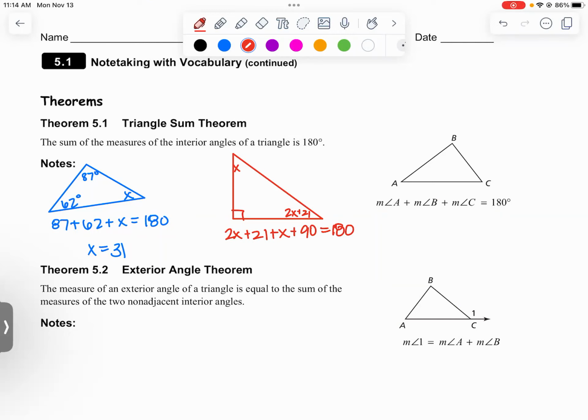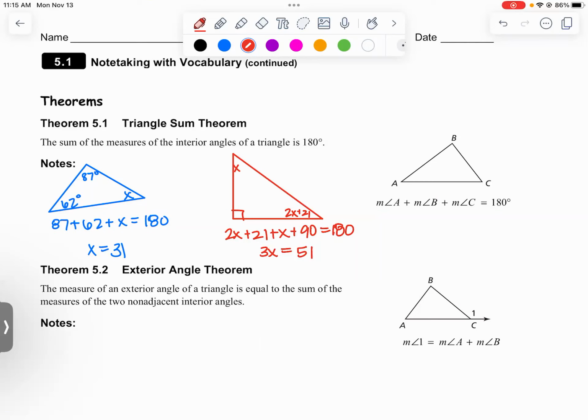Stop it, guys. Oh, okay. So 3X equals 51? No. Yeah, it's 51.